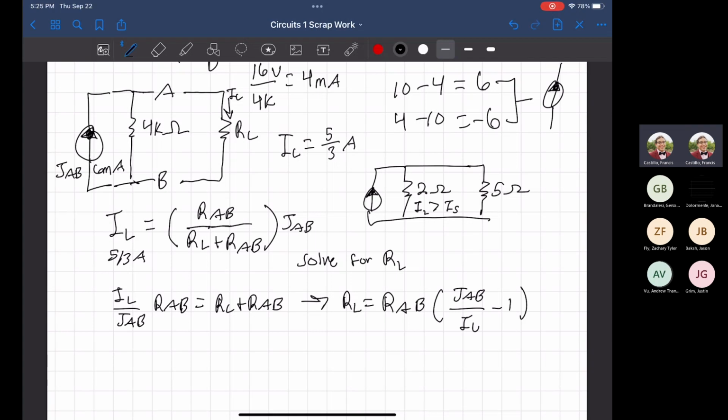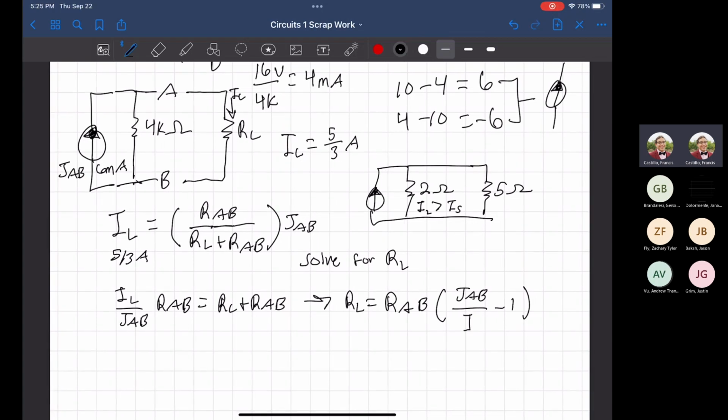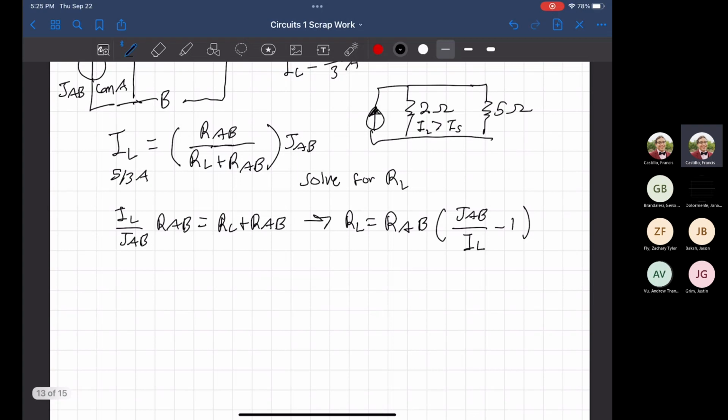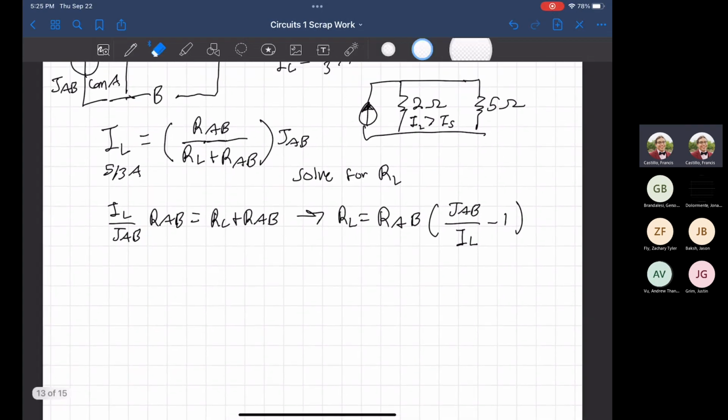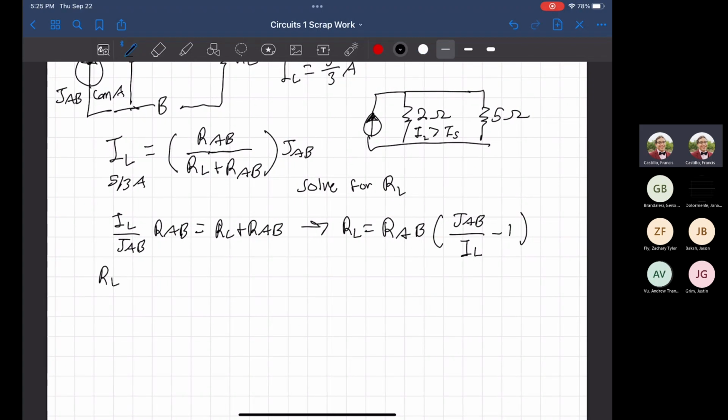You can distribute it, you cannot distribute it, it is your call. However you want to solve it algebraically, the goal is just to find RL. This is my method, your method could be different, and still get you the same answer. It does not really matter how you solve it, but now let's go ahead and plug in and check.